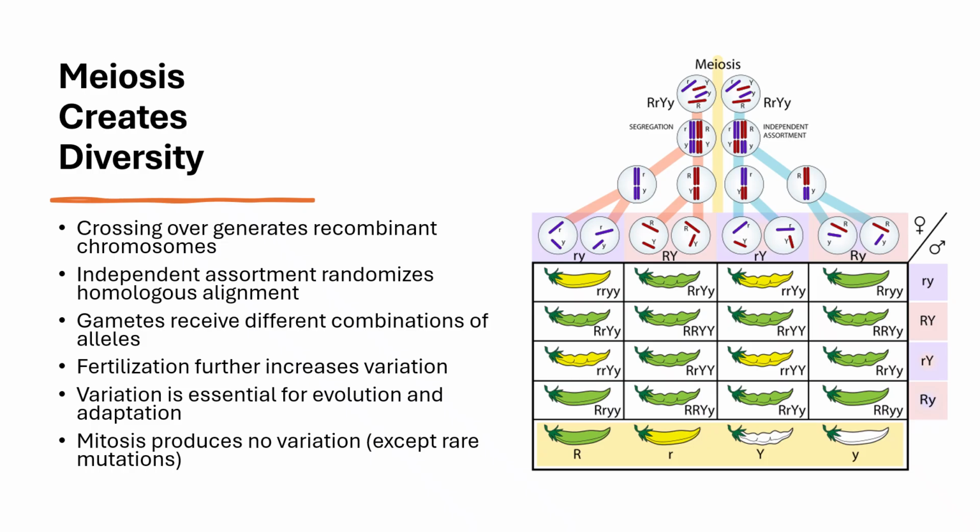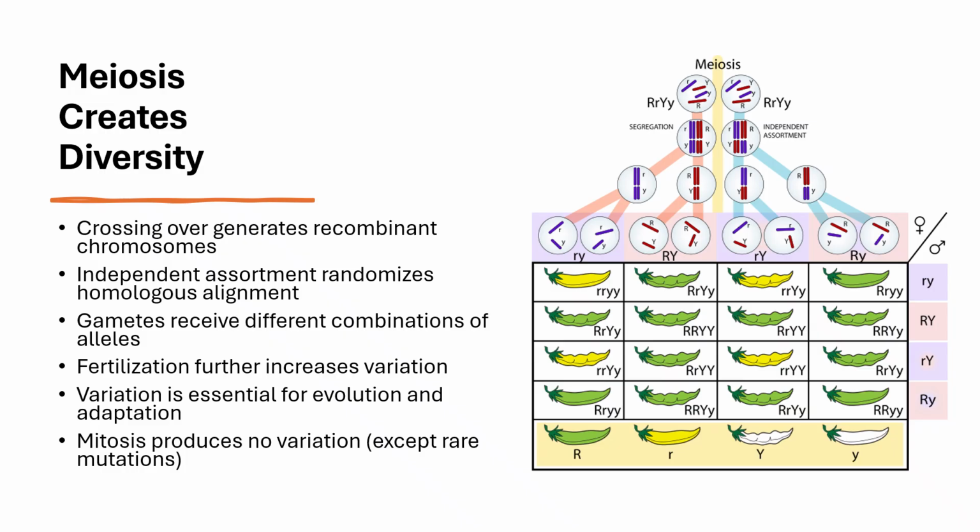Meiosis is the powerhouse of genetic variation in sexually reproducing species. Crossing over swaps genetic material between homologous chromosomes during prophase I, creating entirely new allele combinations. Independent assortment adds another layer of randomness by shuffling the homologous chromosome pairs during metaphase I. The result is a collection of gametes that are all genetically unique.